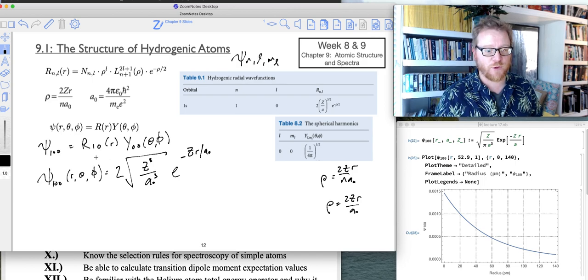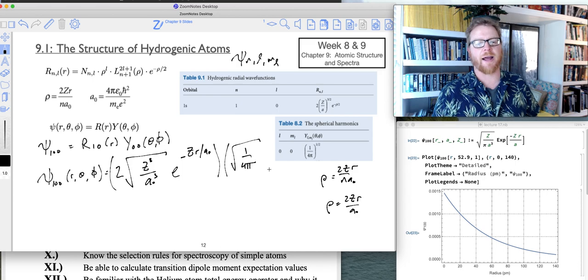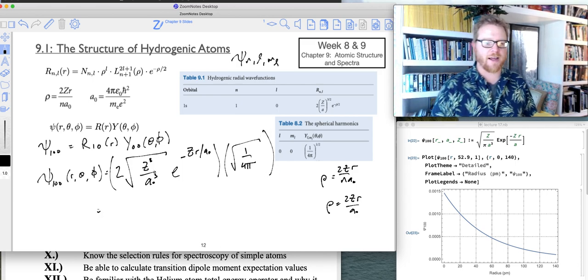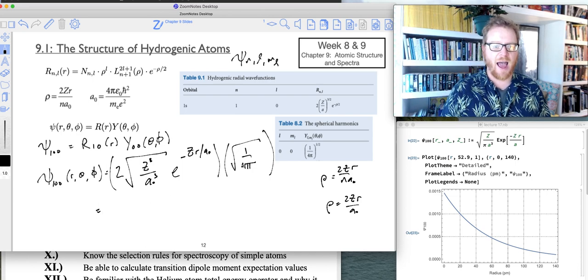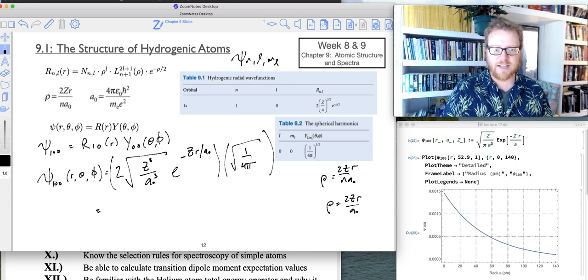And so that was just my radial. Now I have to add my spherical harmonic. So I'm going to say this times now the square root of 1 over 4 pi. So now if I do some algebra on this thing, I can pull the 4 out of the square root, and that just becomes 2. Okay, so that's going to eliminate with this 2.